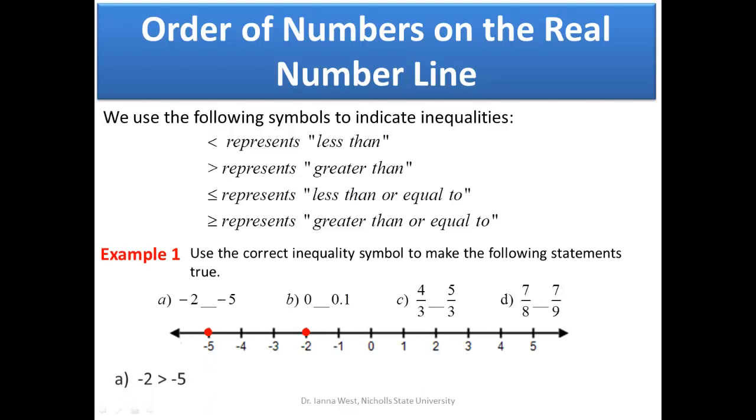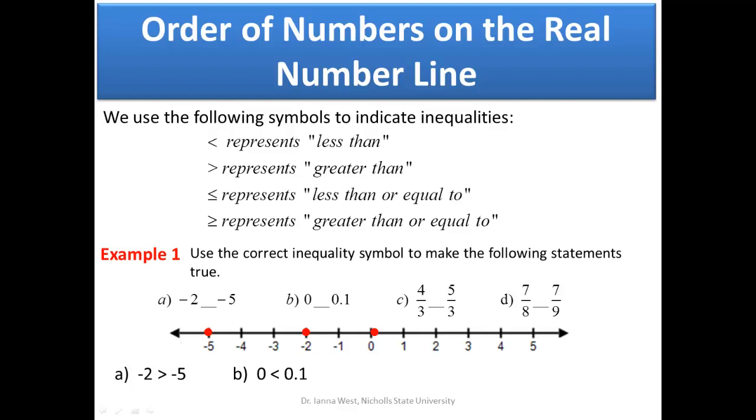Therefore, -2 is greater than -5. For our second example, notice that we have a 0 and we have 0.1. 0.1 is a positive number, and all positive numbers are to the right of 0. Therefore, 0 is less than 0.1.